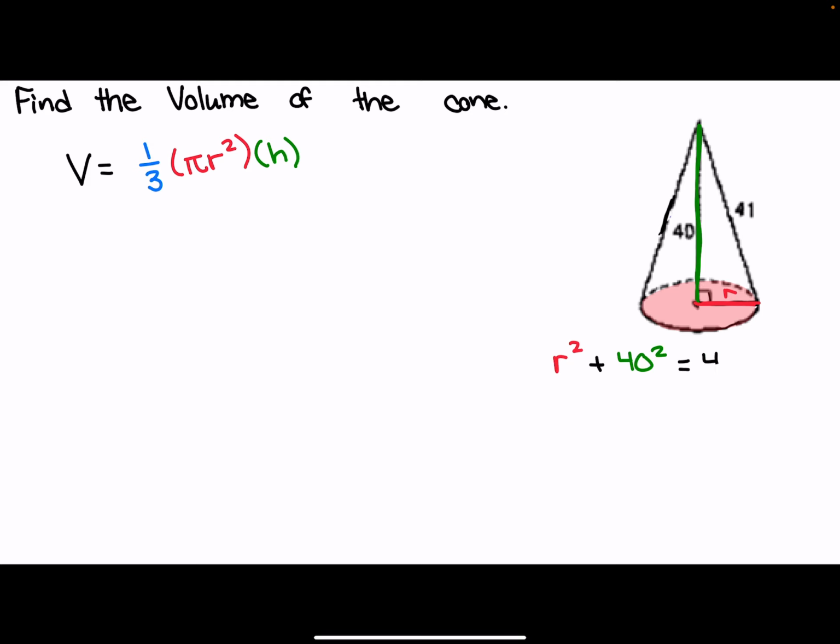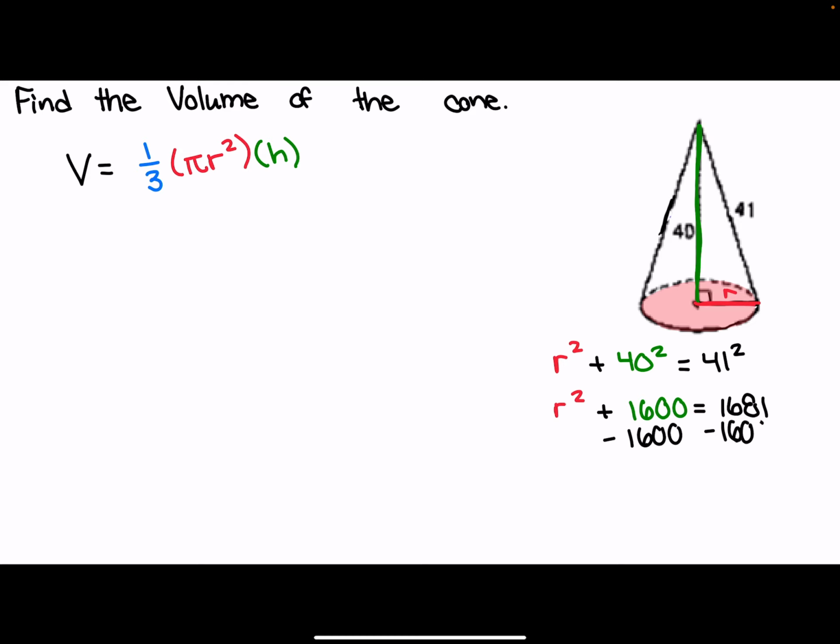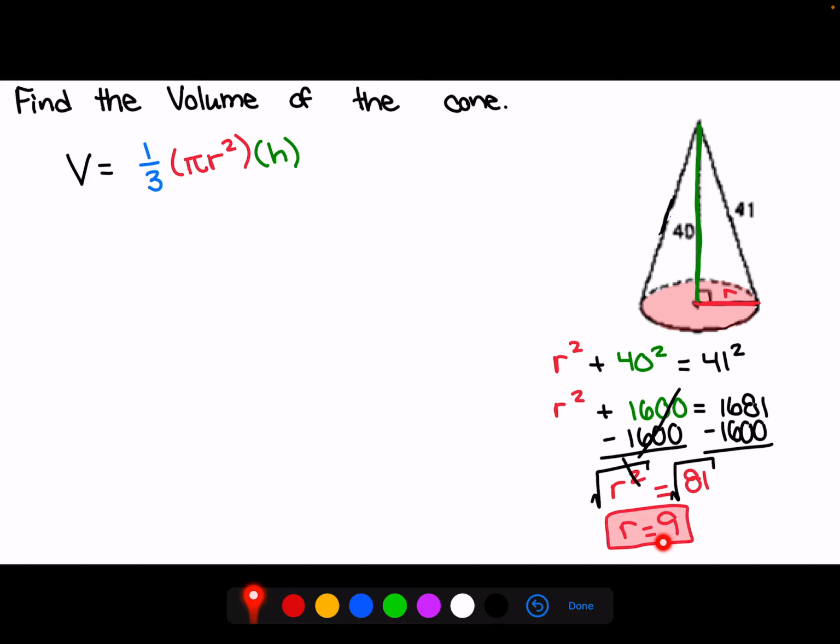And this is a Pythagorean triple. 40 squared is 1600. 41 squared is 1681. If I subtract 1600 from both sides, I'm left with r squared equals 81. Square root of 81 will leave us with 9. So we have a radius of 9, a height of 40.